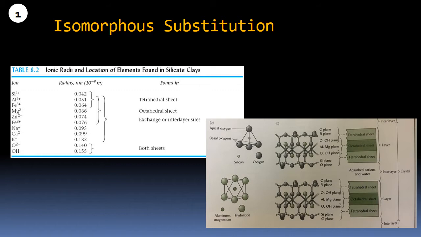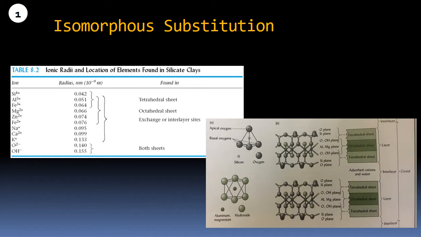So if you look at the table up here, at the tetrahedral sheet, you would see that silicon and aluminum and iron are almost the same size.